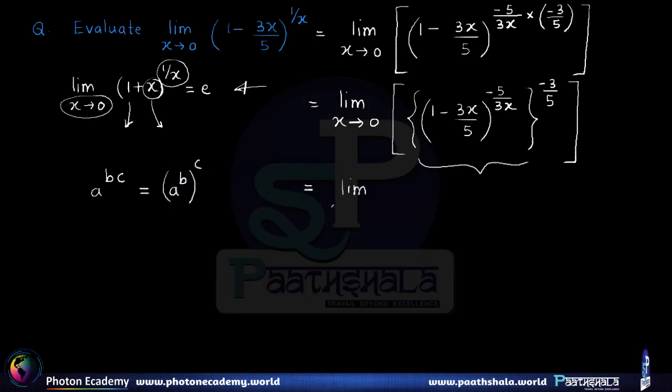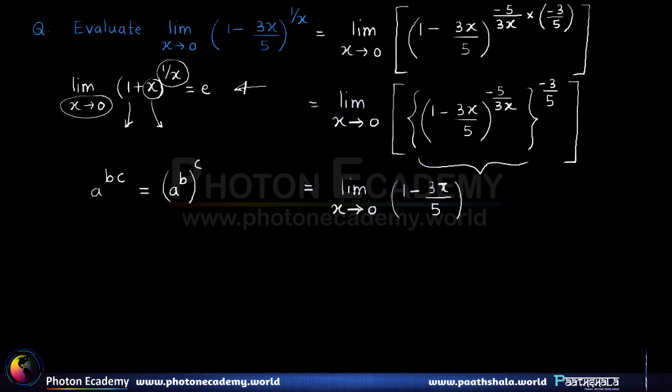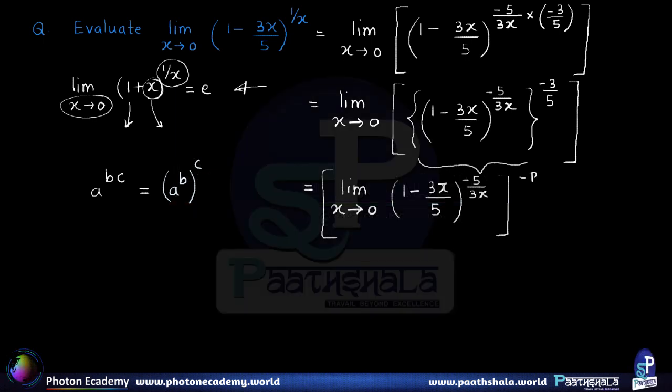So therefore we can take the limit of that particular quantity, that is nothing but limit of (1 minus 3x upon 5) whole raised to minus 5 upon 3x. Okay, this entire term will approach as x tends to 0 to e, and this whole thing is raised to the exponent of minus 3 by 5.